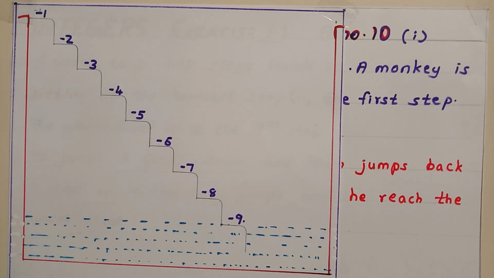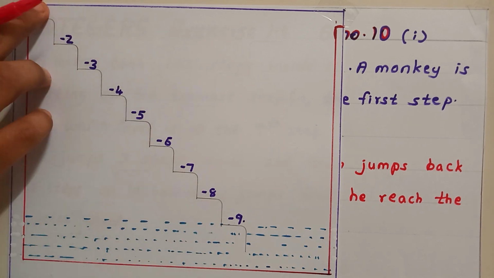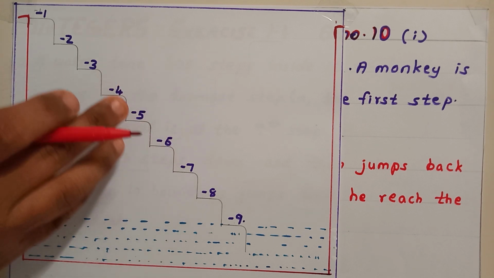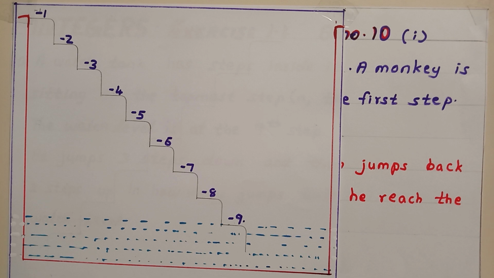The question says that whenever the monkey is making a downward jump, that means a jump from -1 downward, he will cover 3 steps. Since he is making a downward jump, it can be denoted by -3.